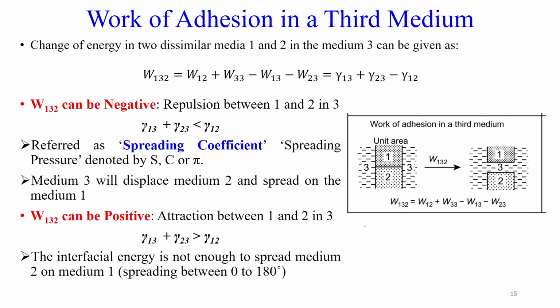So, if you write here, W132 will be W12, meaning gamma 1 plus gamma 2 minus gamma 12, plus W33, which is the cohesion, and it will simply be 2 gamma 3, minus W13, which will be gamma 1 plus gamma 3 minus gamma 13, minus W23, which will be gamma 2 plus gamma 3 minus gamma 23.